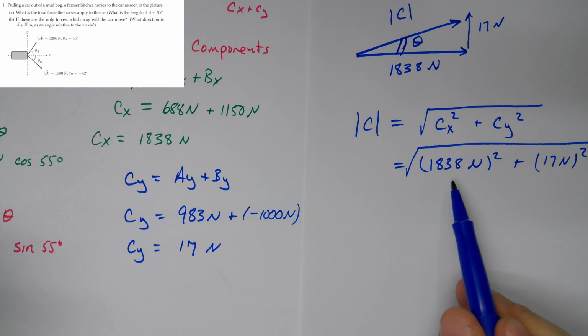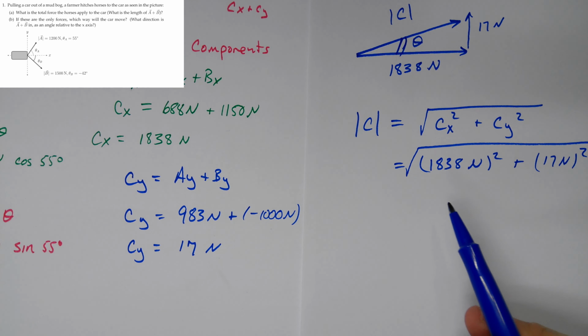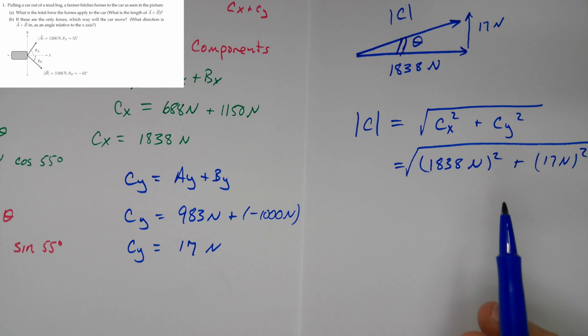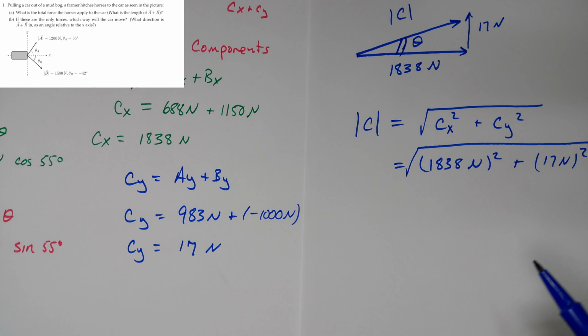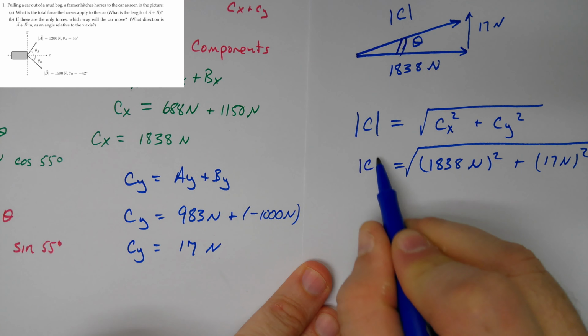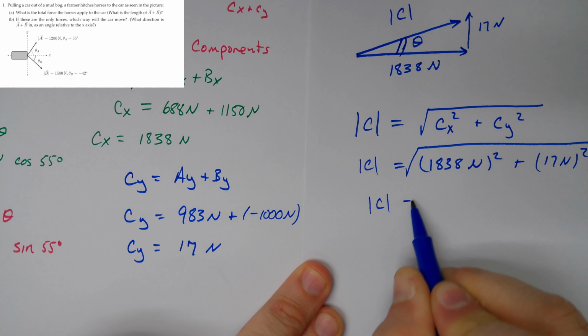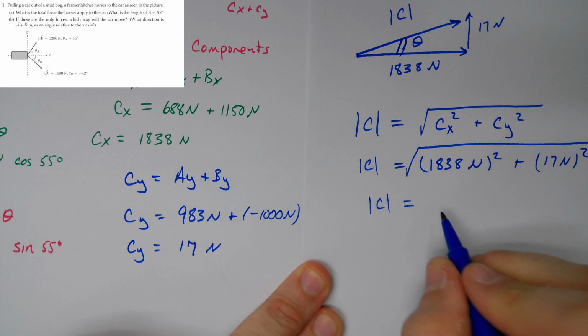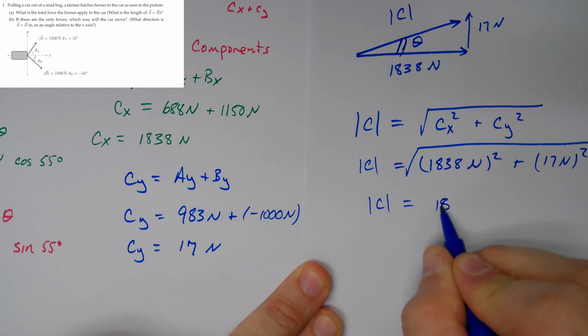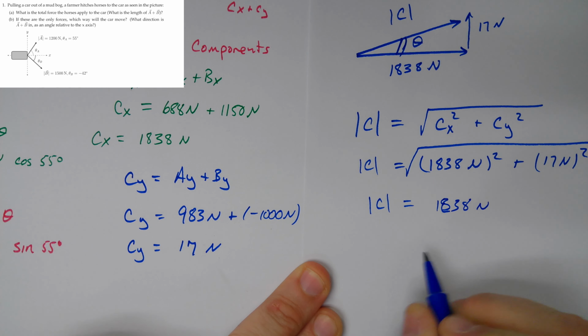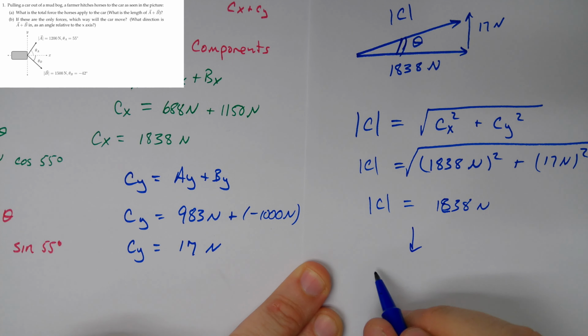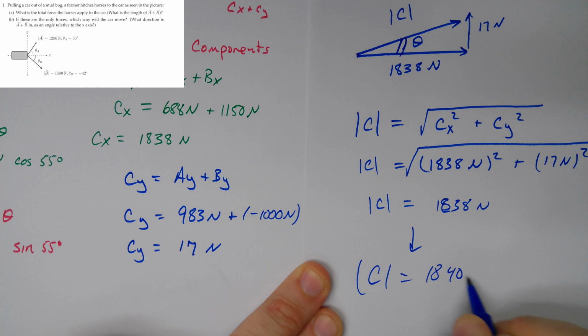And if we look at that, that's almost going to be exactly that number. Right. But what we're going to do is put that in the calculator. And in fact, when we put that in the calculator, the length of this vector is going to be 1838. And now we'll go and say, oh, it's 3 sig figs. Right. That's one of our answers.